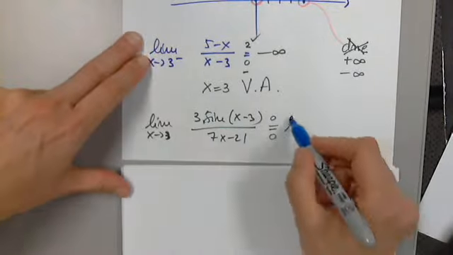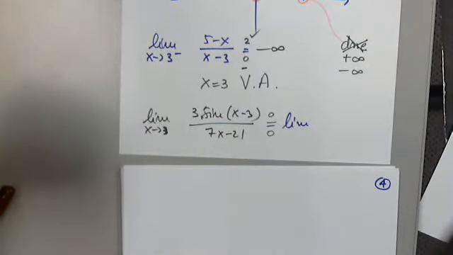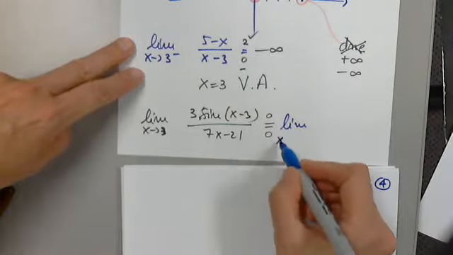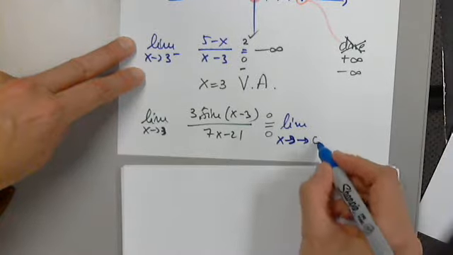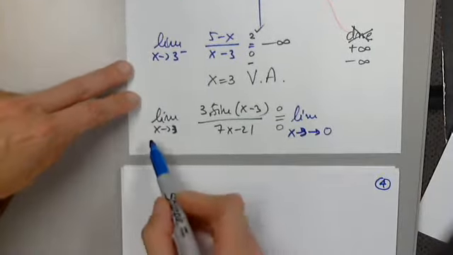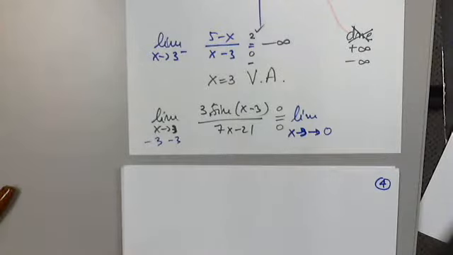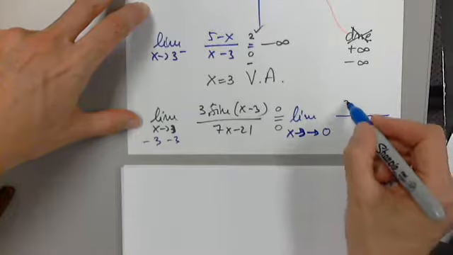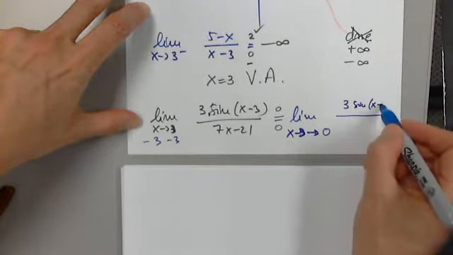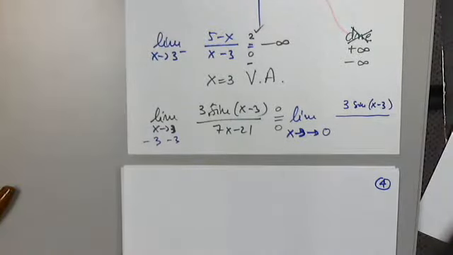So I will write that limit as x minus 3 approaches 0. Very good. I subtract the 3 from both sides, and I get x minus 3 approaches 0. Perfect. The numerator is sine of x minus 3, which I shouldn't do anything to because I can't. Sine cannot be distributed to x minus 3. Please don't attempt that.